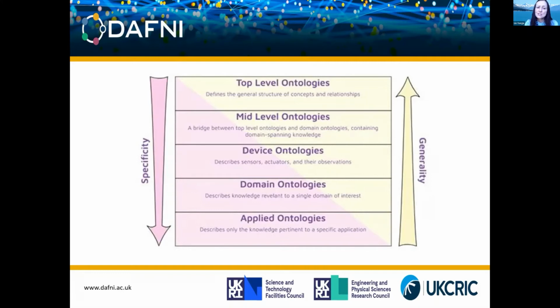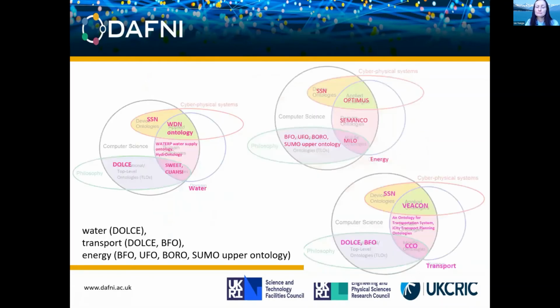As you head towards applied ontologies, we get more and more specificity, as in there is more specific knowledge relevant to just that part of the application of that ontology. So these can be very much managed in a distributed way, whereas the top level ones need to be much more common and shared across all users.